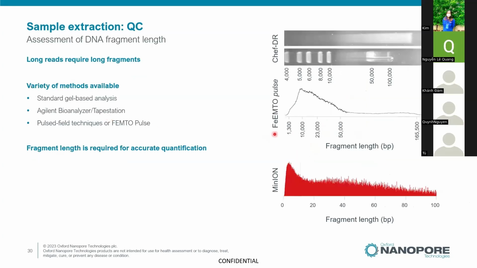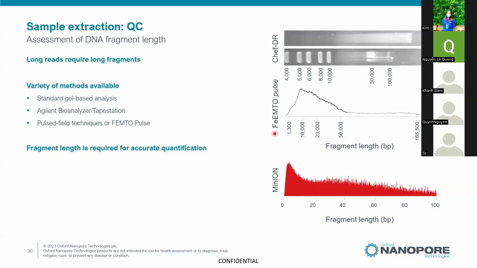And for long-read sequencing technologies, for example Oxford Nanopore, getting long DNA fragments is essential. The longer your DNA fragment, especially in nanopore where we have no limit on how long your DNA fragments can be, the better the read length and the more accurate the assembly is, and it enables structural variant detection.